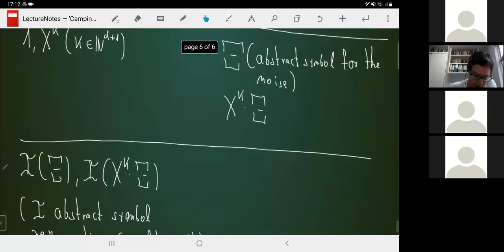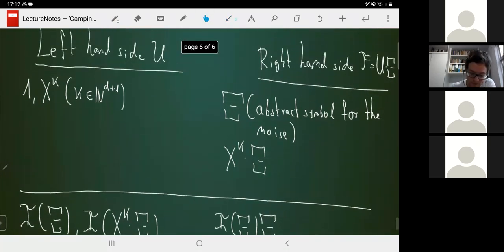So we need to take this, which represents u, and multiply with xi.